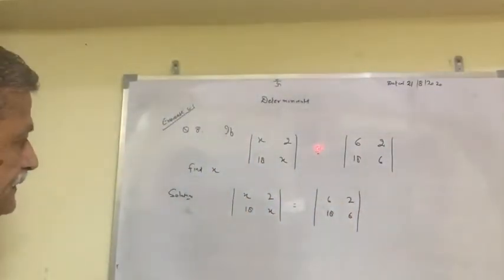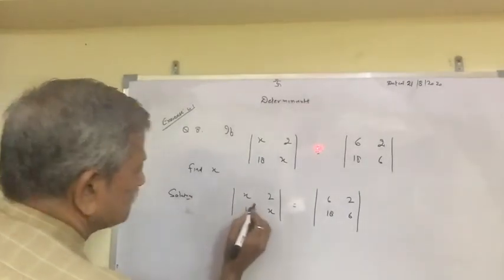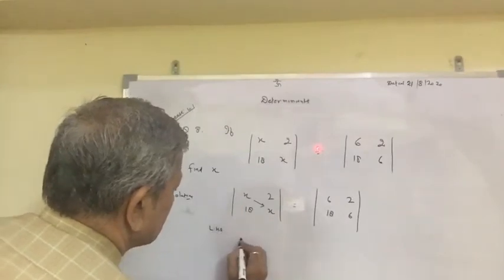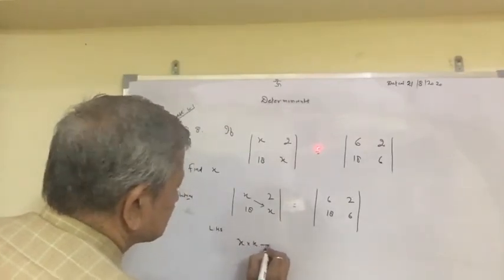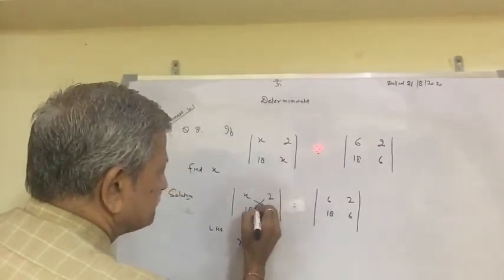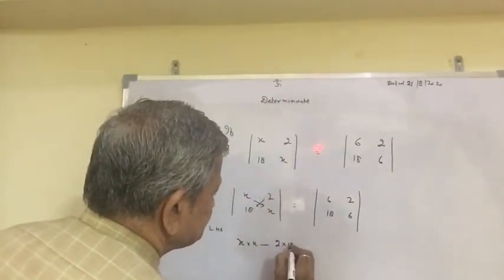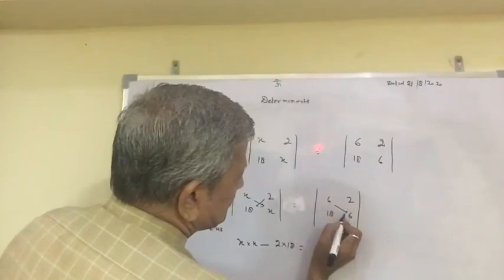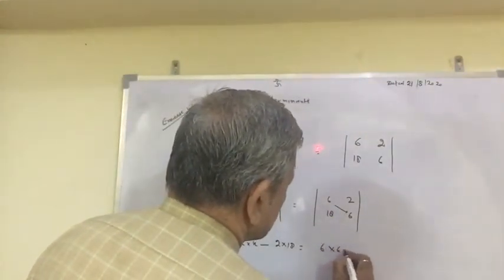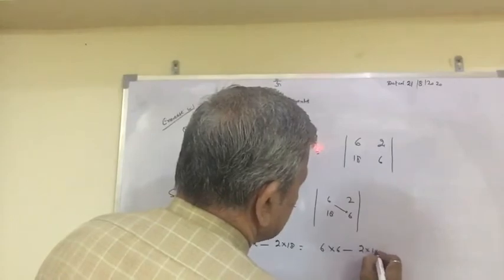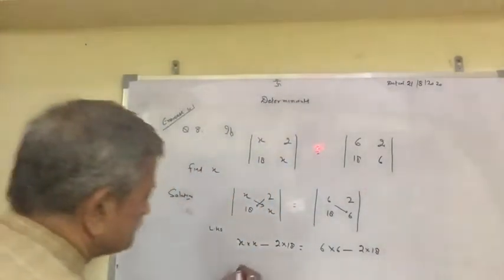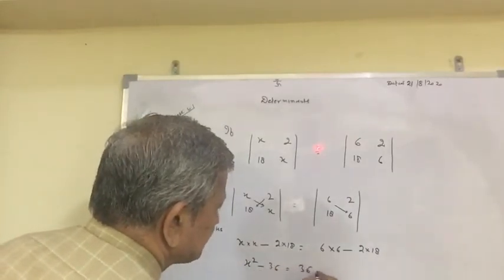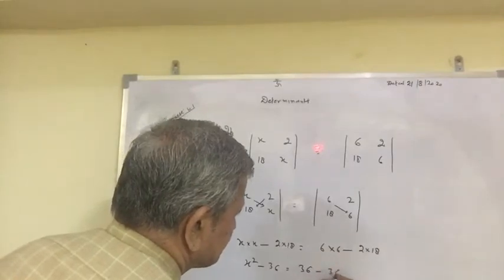Again we go as per the rule: x into x on the left hand side, minus 2 into 18. On the right hand side, similarly, 6 into 6 minus 2 into 18. So your value goes x square minus 36 is equal to 36 minus 36.